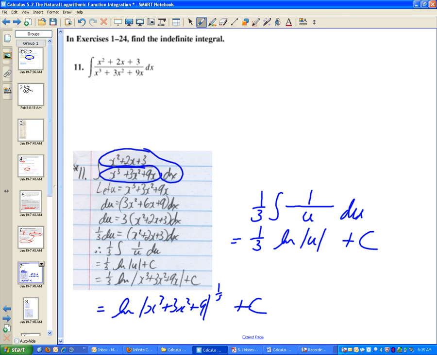Now, if I was certain that the quantity inside the absolute value sign was positive, would I need the absolute value sign? No. Am I certain that x cubed plus 3x squared plus 9x is positive?